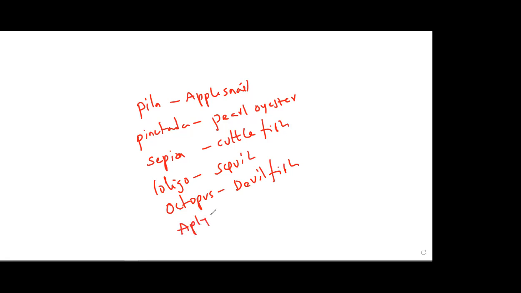Aplysia, sea hare. Dentalium, tusk shell. It looks like an elephant tusk. And chiton, Ketopleura.